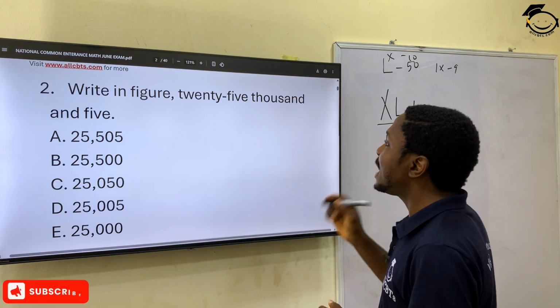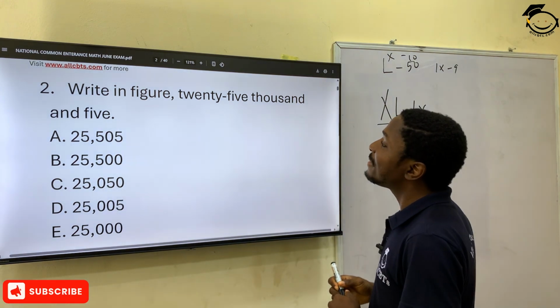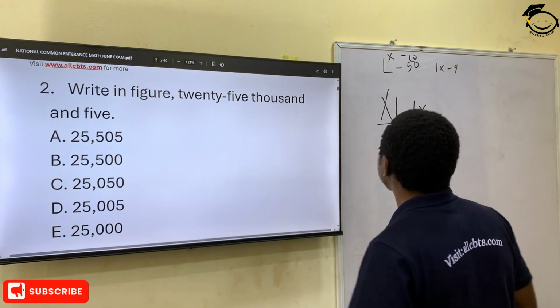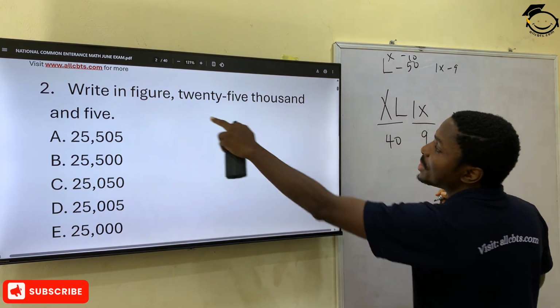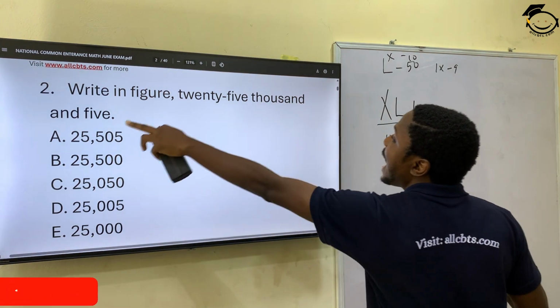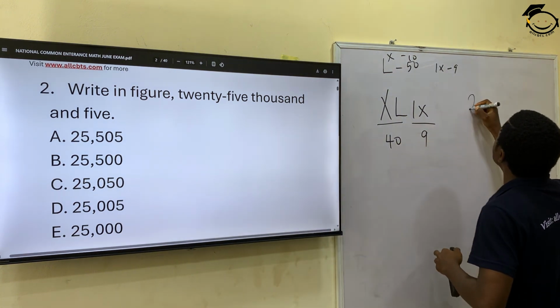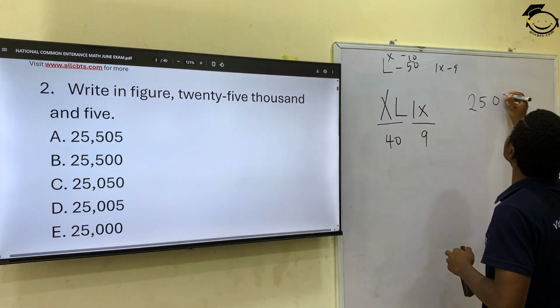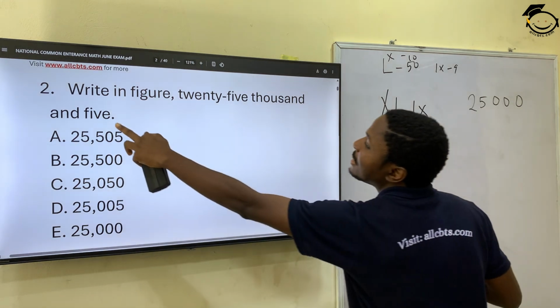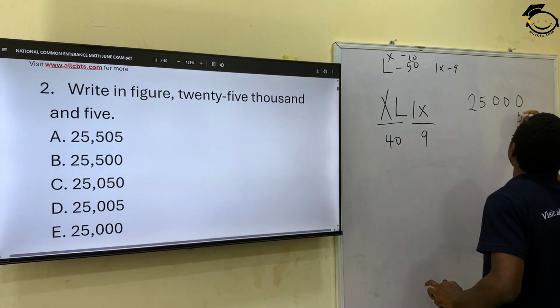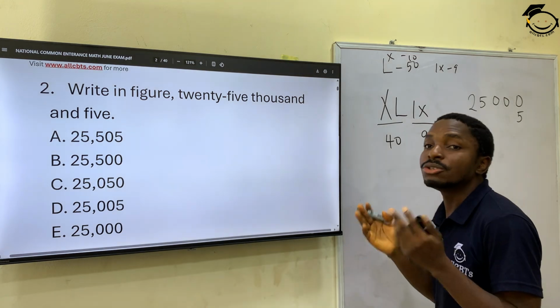Question 2. Write in figure 25,005. So the first part we are writing is 25,000, and the next is 5. Figure means write in numbers.